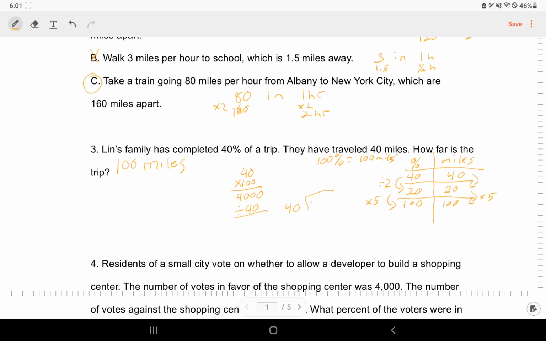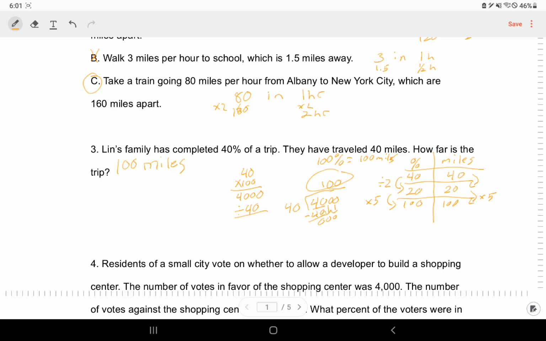Well, 40 goes into 4,000. Well, 40 into 40 is 1. And then it goes into 0, 0 times, 0, 0 times, and so 100.